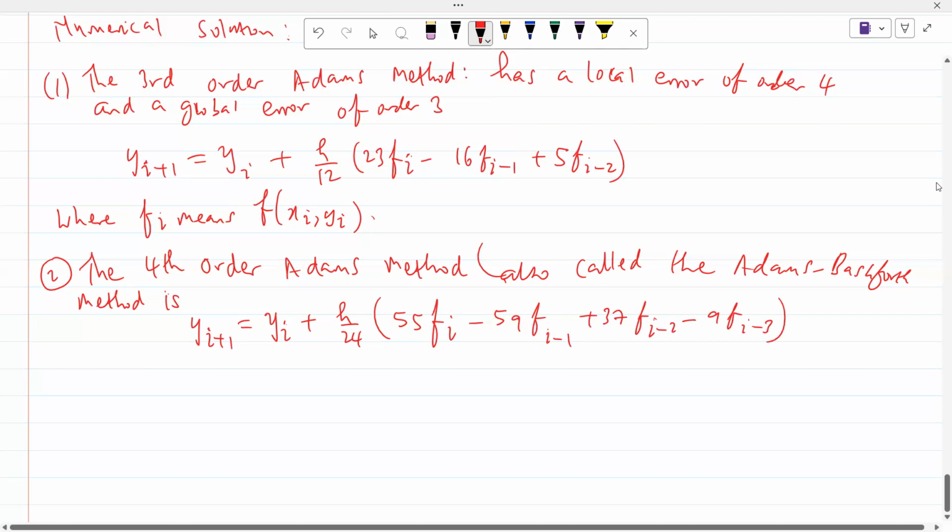This is the fourth order Adams method, and that is the formula.